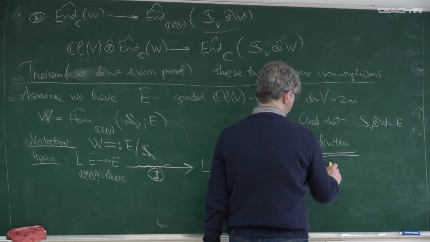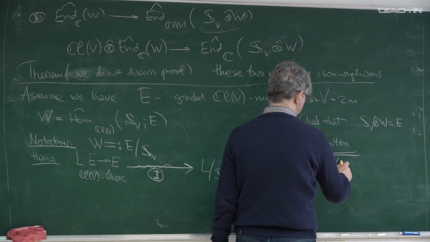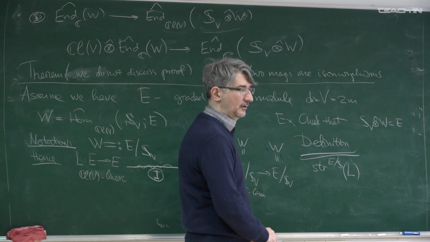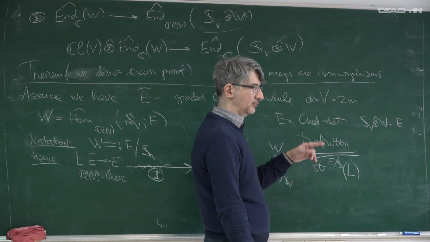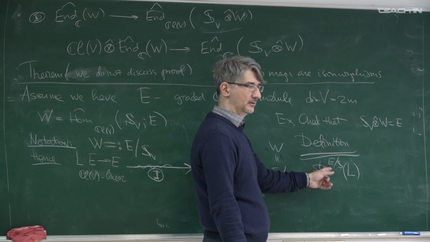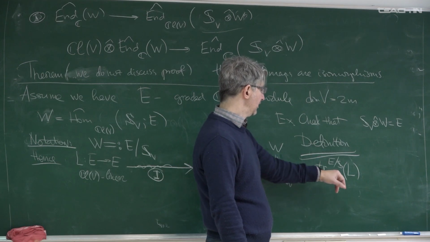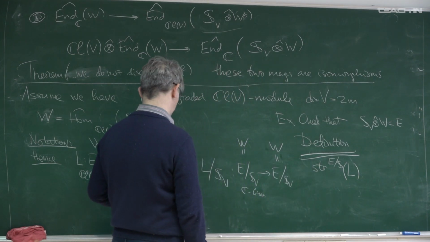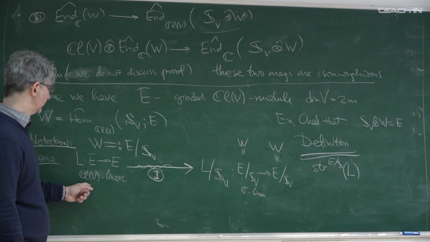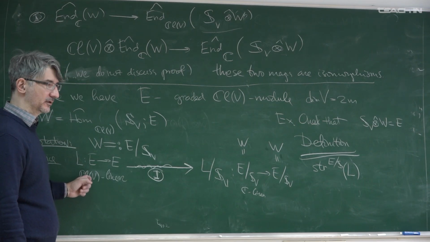Relative supertrace of L. If you remember, in the Singer formula, you've seen Chern character with this superscript. It comes from this consideration. So let me repeat. You take a linear operator, which is linear over Clifford algebra, and you want to calculate the relative supertrace. Not this one, but relative.